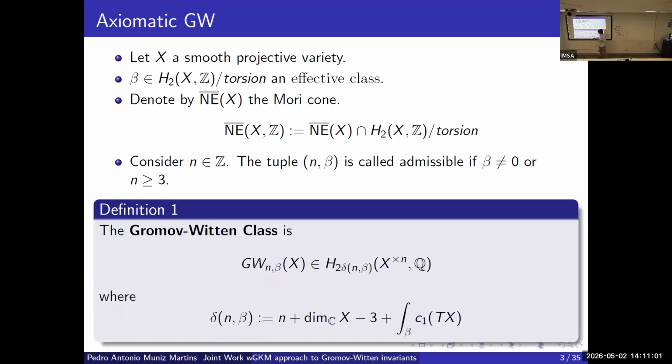We define a Gromov-Witten class as a class in the homology group of the product space X times X, n times, in degree delta, which is this expression right here. That is the dimension of X as a complex manifold, minus 3, plus the integral of the first Chern class over beta.